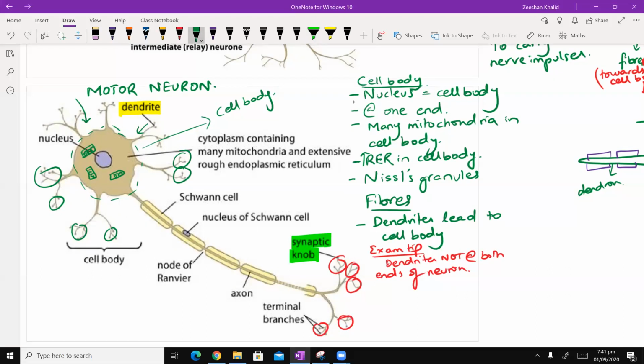So let me write that point here. These ends are known as synaptic nodes, and they are at the furthest end, furthest from the cell body.